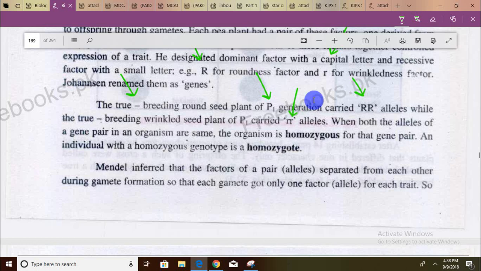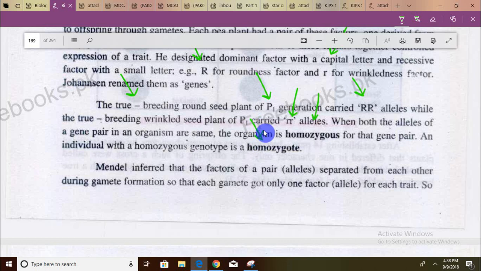When both the alleles of a gene pair in an organism are the same, the organism is homozygous for that gene pair. An individual with a homozygous genotype is a homozygote. So, stuff we already know, nothing new.